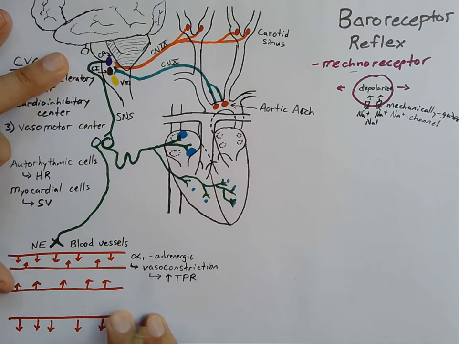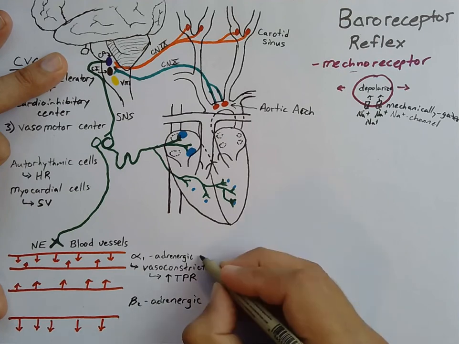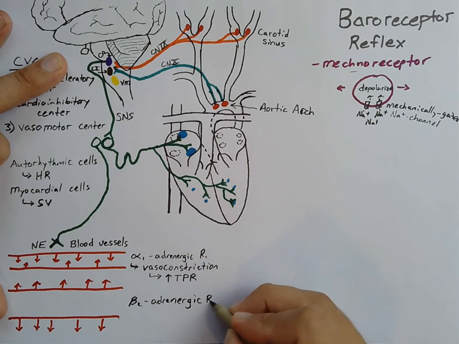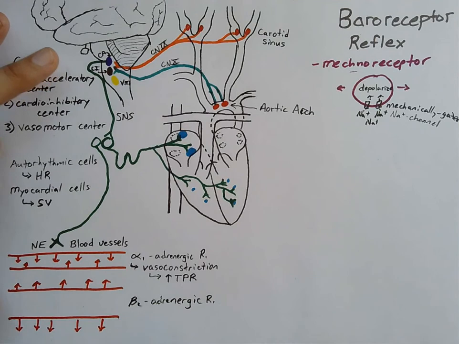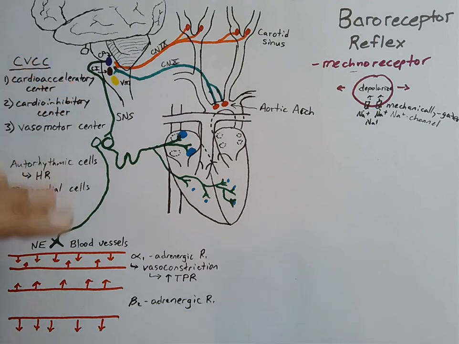In addition to alpha-1 adrenergic receptors on blood vessels, we also have beta-2 adrenergic receptors. But here's the deal with beta-2 adrenergic receptors: they are inhibitory. So when beta-2 adrenergic receptors activate, it is going to inhibit the muscles of the blood vessels.